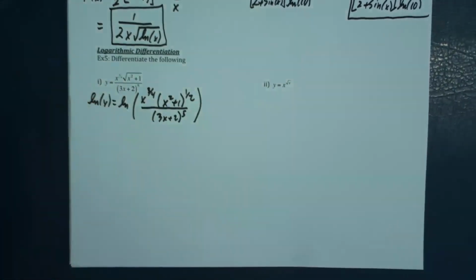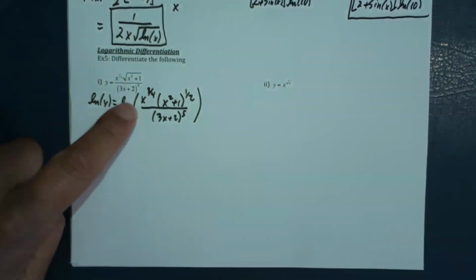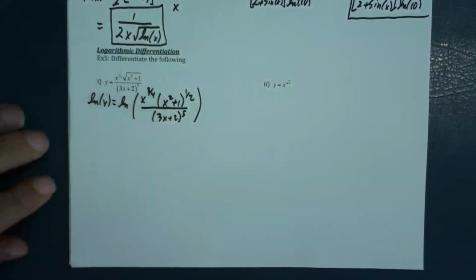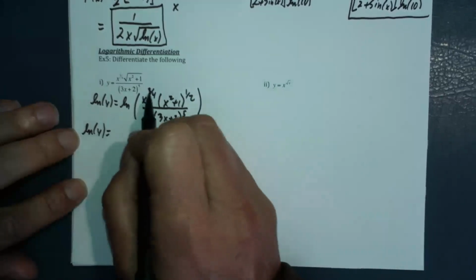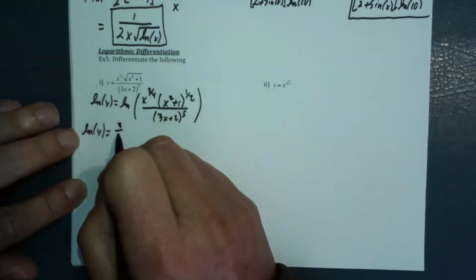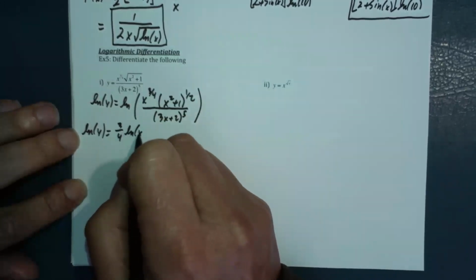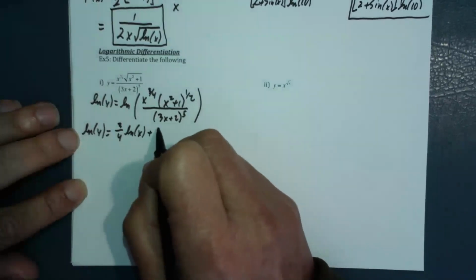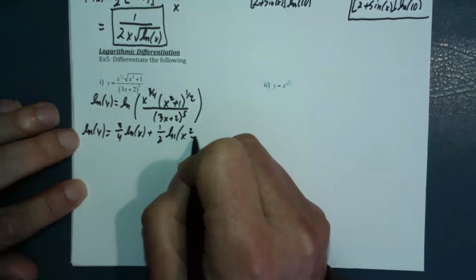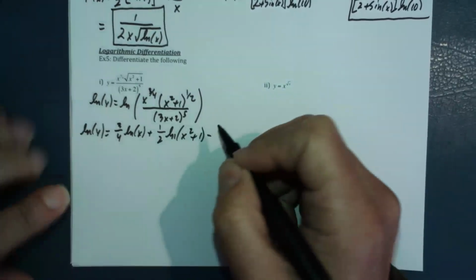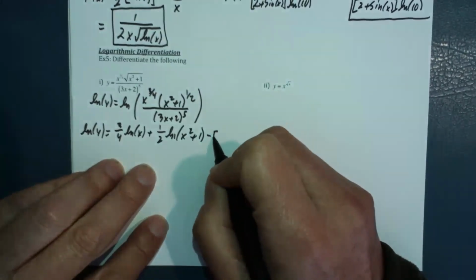And if you remember your basic logarithms, we can expand this into 3 separate logarithms. And remember, the exponents come down. Remember, when you're dividing, it's subtract.